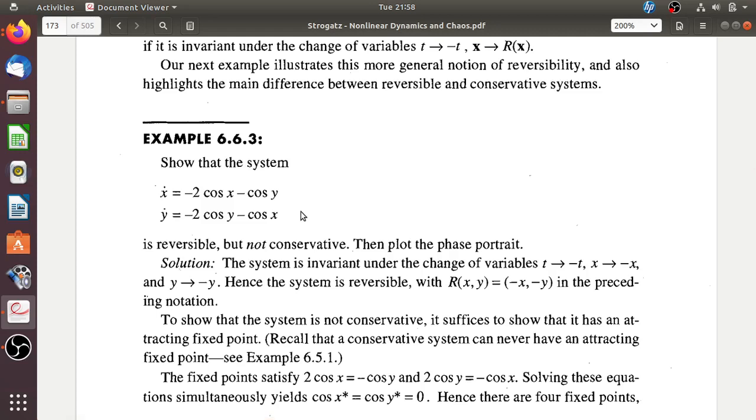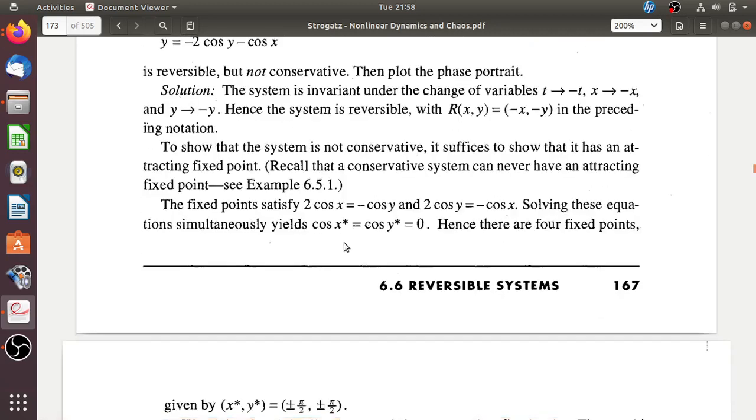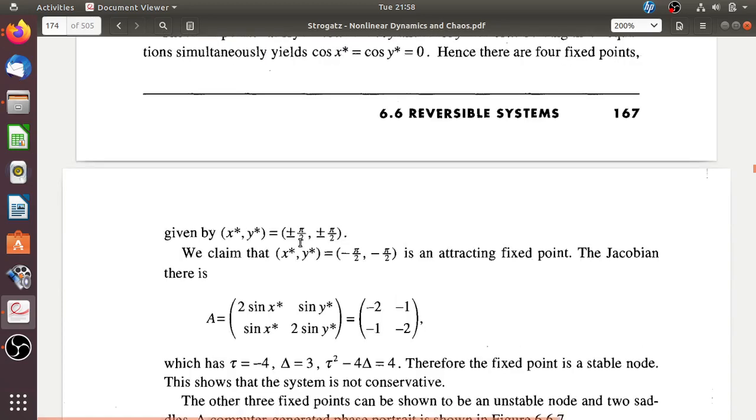Now let's try to identify the fixed points. By equating x dot equal to 0 and y dot equal to 0, we will have 4 fixed points, which are plus or minus pi by 2 and plus or minus pi by 2, okay.